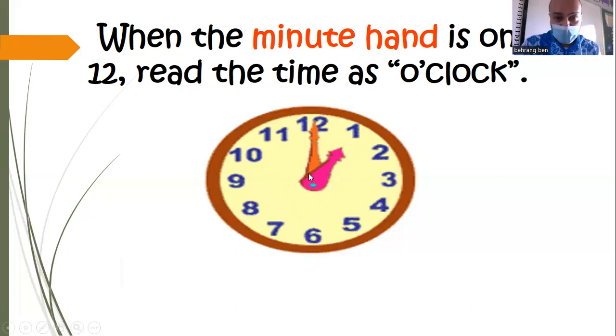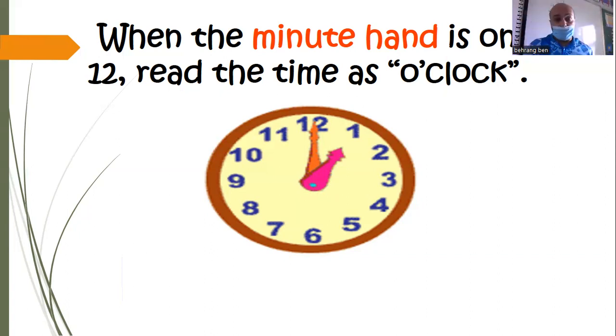And pay attention here. The long hand of the clock is on 12. All right. As I told you, when the minute hand or long hand is on 12, you have to say o'clock.